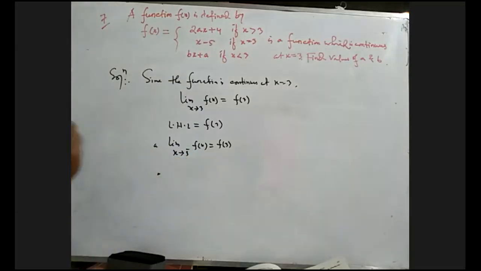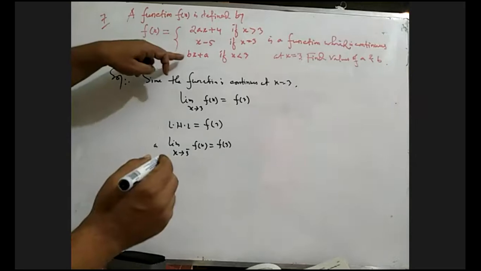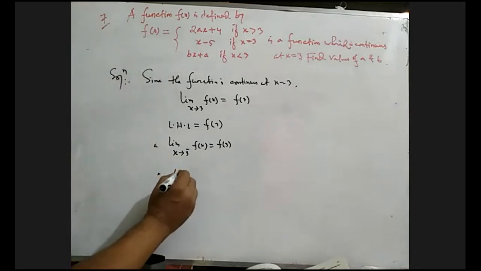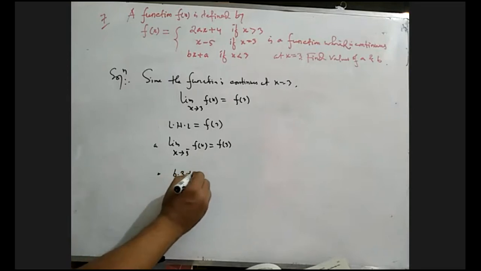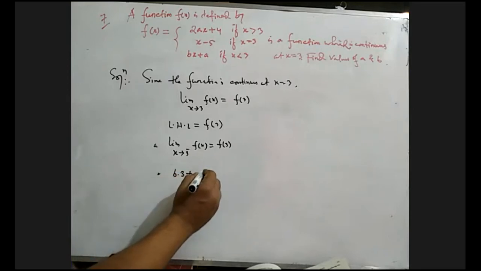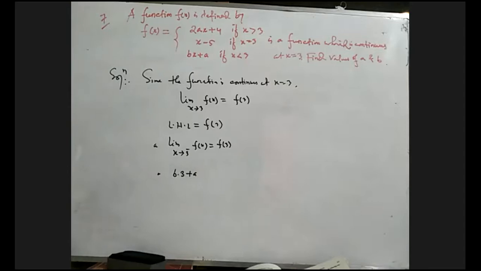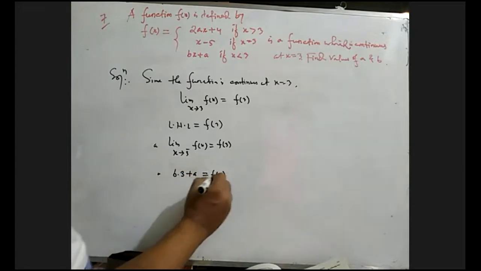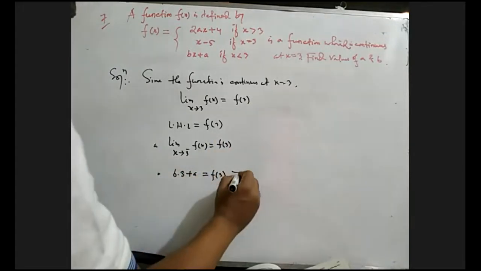So it is b into 3 plus a equals f of 3. This is equation number 1.